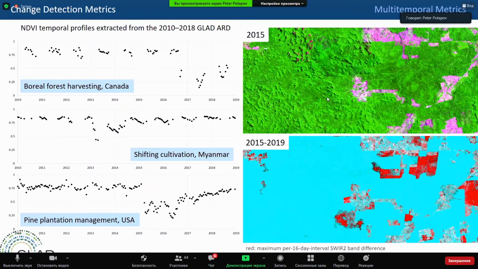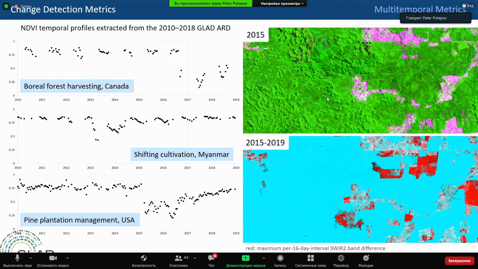Another set of metrics that we're using are related to change detection. Here we take a different approach. We look at the differences in every 16-day interval in the reflectance between the current year and the previous year. So you take the time series of the differences, and based on that, we generate metrics. They help us find areas that changed in the last year.